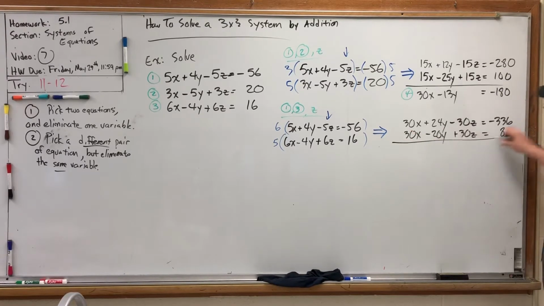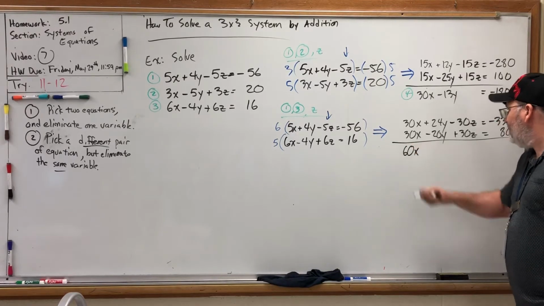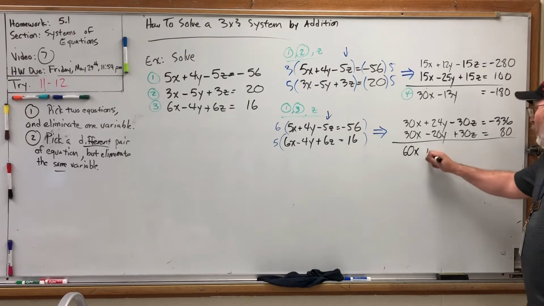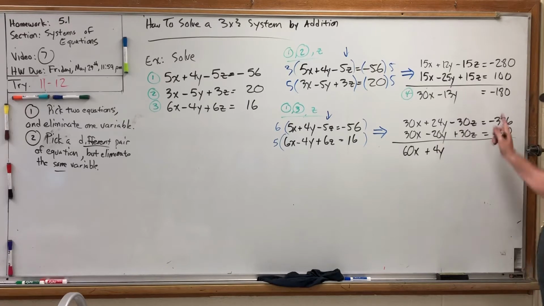Now if I add these equations together, I get 60x plus 4y, the z's cancel, equals negative 256, I believe. Let me add to make sure. Yes. We'll call that equation number 5.